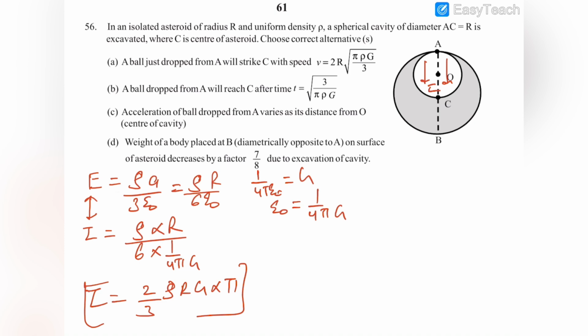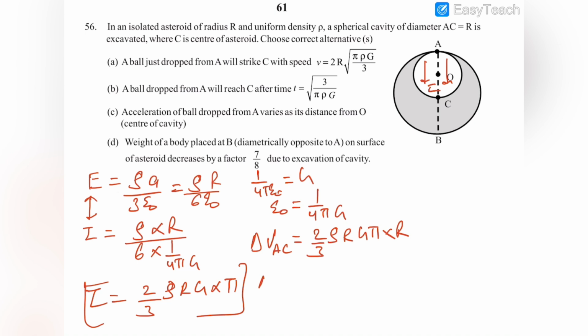Now, if this is constant, then the potential difference between A and C can be easily written as 2 by 3 rho G pi r into r. Because we know that if we move some distance r in a constant electric field, then the potential changes by a factor of E into r. So I have written this electric field, in fact this gravitational field, into distance.